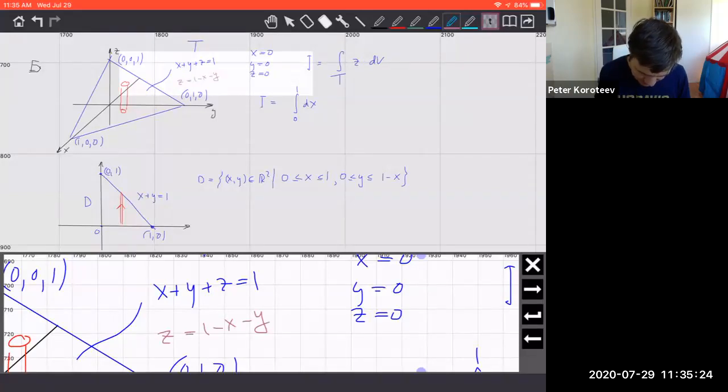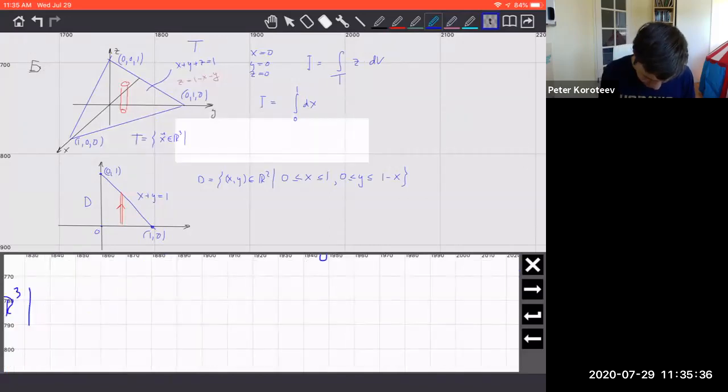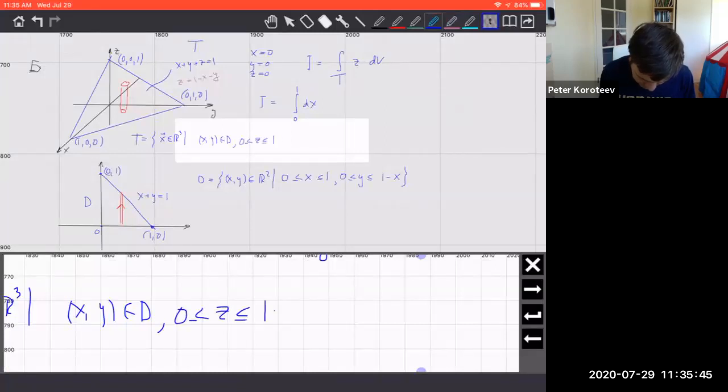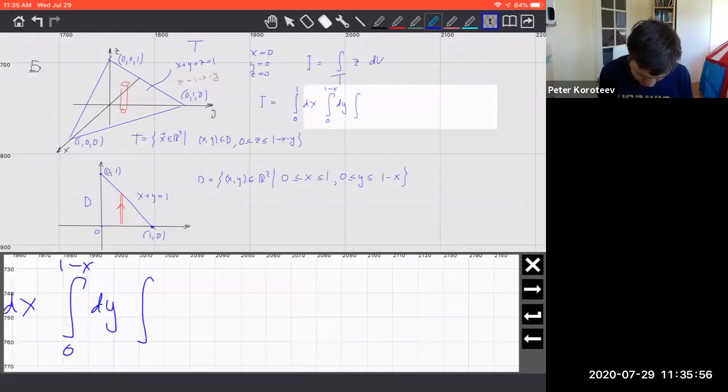So we can say that T is the set of vectors x in R3 such that x, y belong to D, as we described, and z changes between 0 and 1 minus x minus y. So therefore, the integral will go like that: y goes from 0 to 1 minus x, and then the integral over z goes from 0 to 1 minus x minus y, of the function z dz.